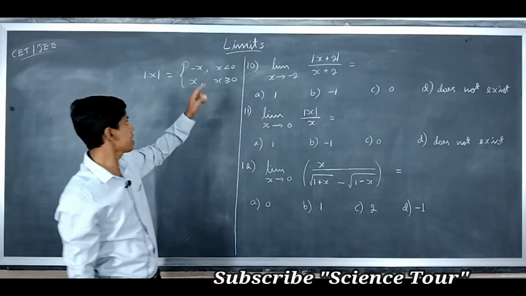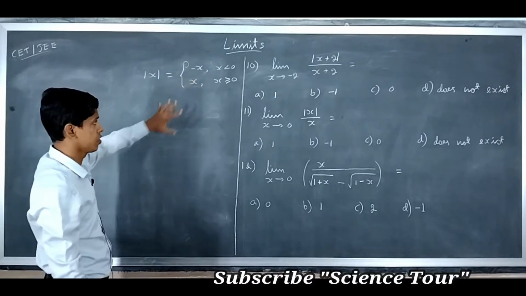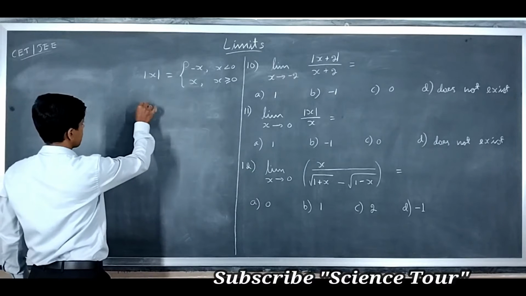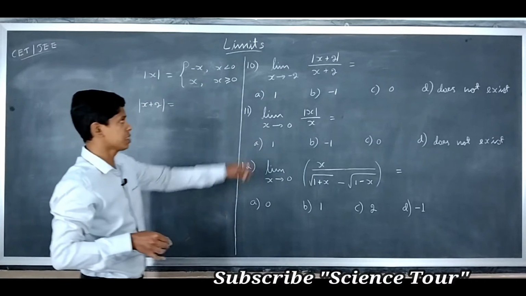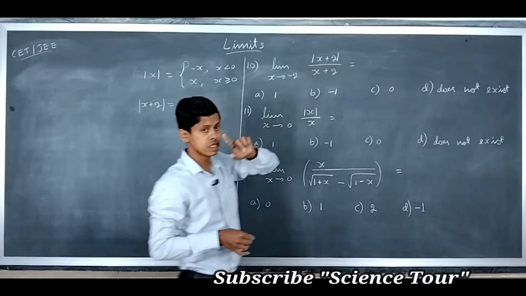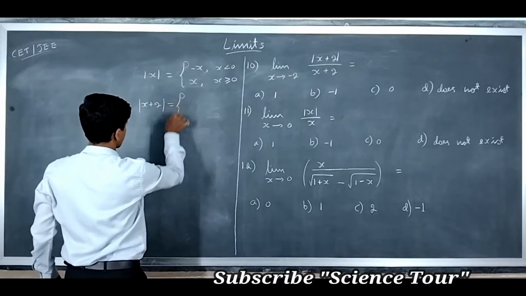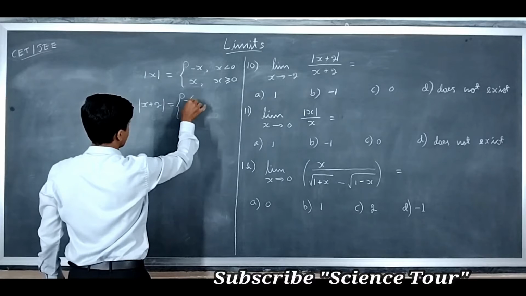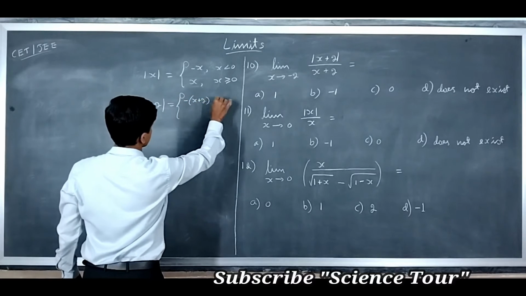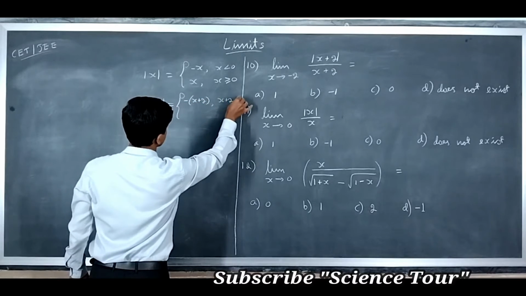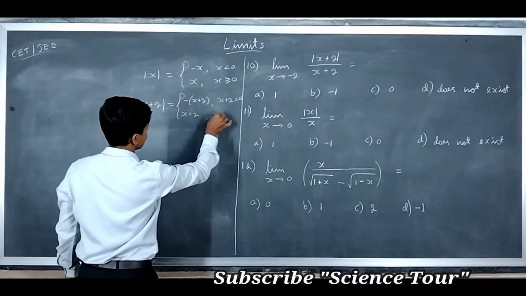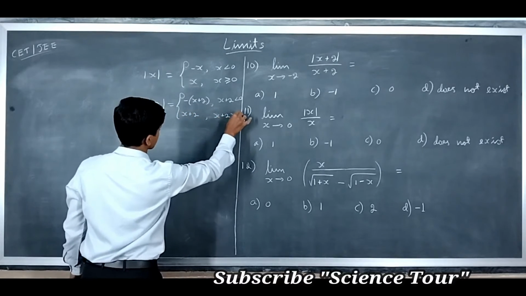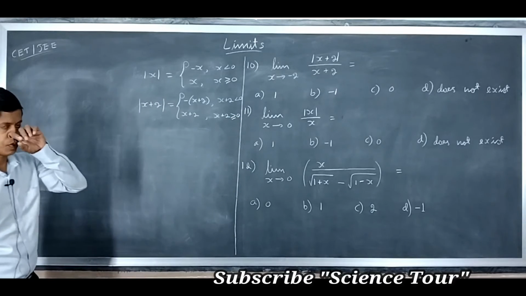Alright, now if I rewrite this function, it looks like this: modulus of x plus 2 is equal to minus of (x plus 2) if x plus 2 is less than 0, and it is x plus 2 if x plus 2 is greater than or equal to 0. Correct?